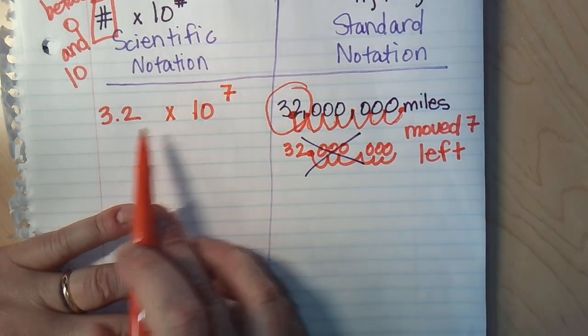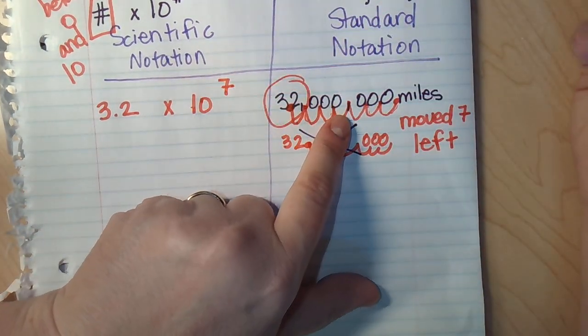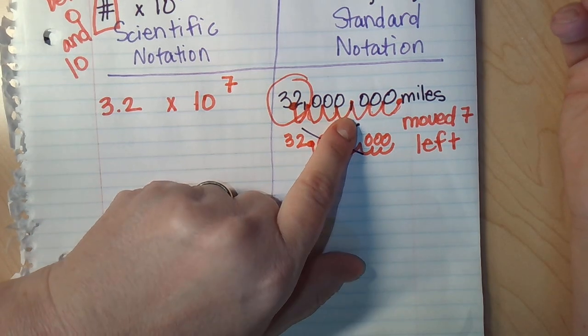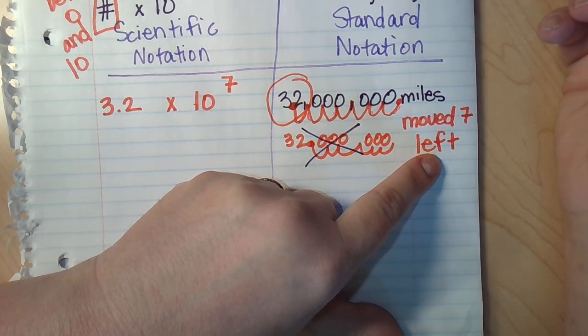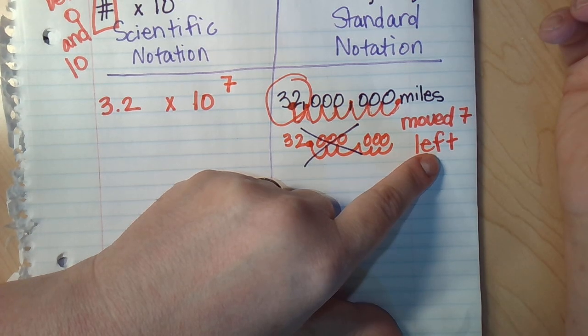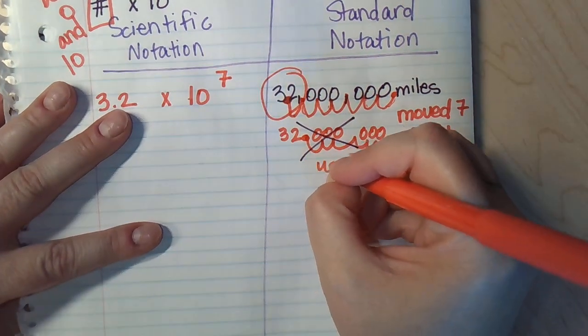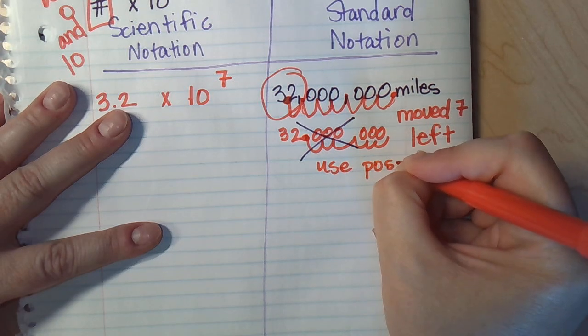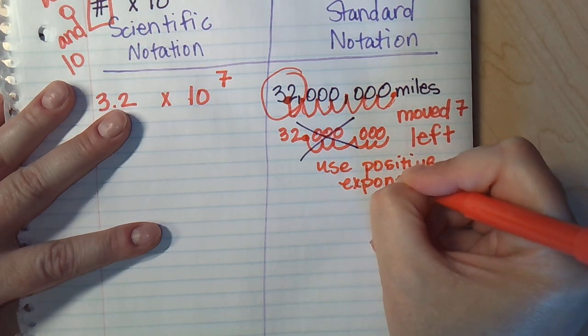Okay, and when this exponent came from a freakishly big number, or if you moved left, we use a positive exponent.